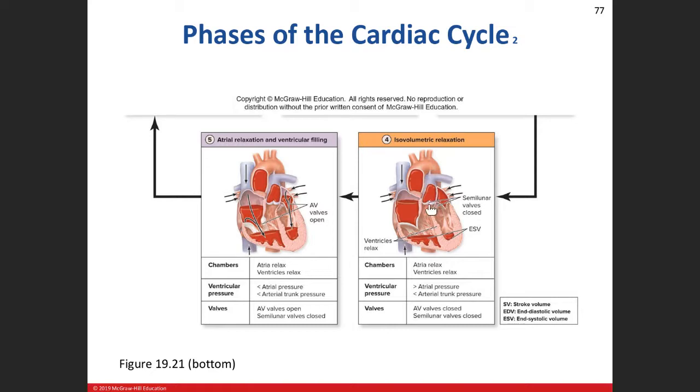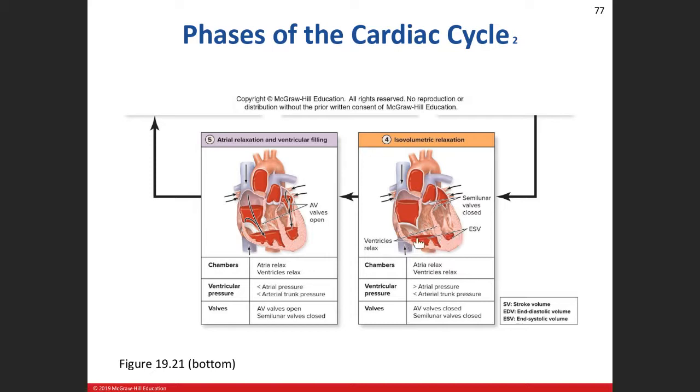The semilunar valves close. That's our S2 heart sound, that's the dub. But at the same time, the ventricular pressure is still greater than the atrial pressure because the AV valves are still closed. We haven't opened those up yet. So again, isovolumetric, we are not changing the volume of the blood in the ventricles. It does not change.